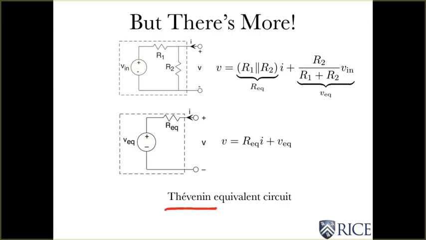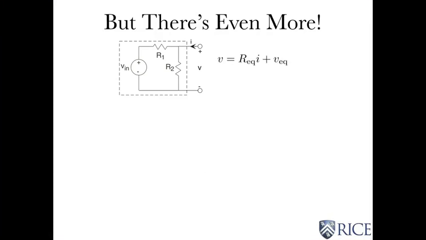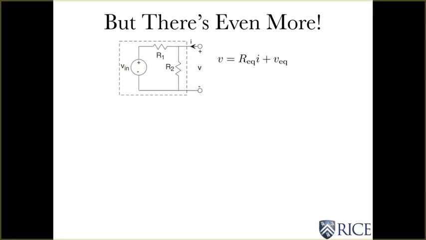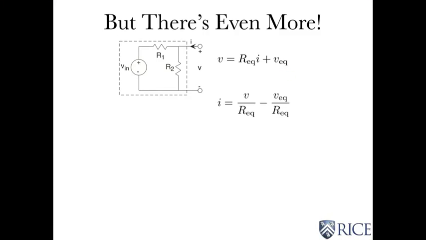So that's quite interesting. But there's even more. So here's our simple little circuit that we've been talking about, and here's the Thevenin equivalent relationship for it. I'm going to turn that equation around. I'm going to write this as I equals something, and I'm going to call that last term IEQ.